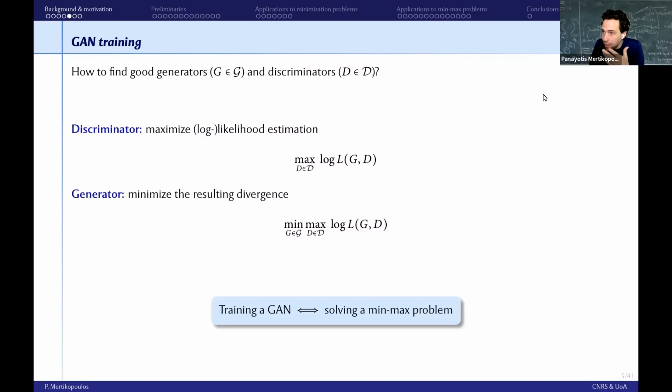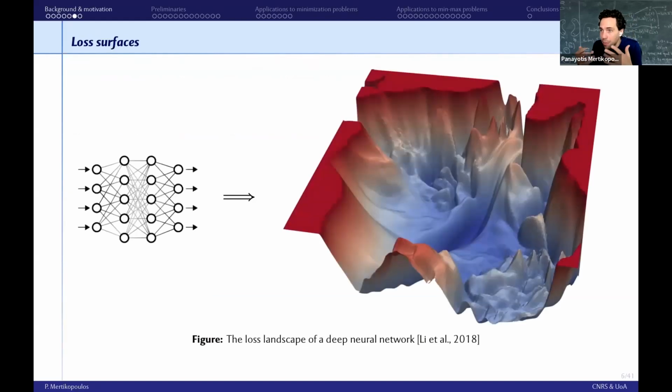All right. So in many regards, training such a deep learning system, training a GAN, is exactly equivalent to solving a min-max problem, which is where the stochastic approximation methodologies will come into play. All right. So I would say that this is the very basic background and motivation for the rest of the talk.